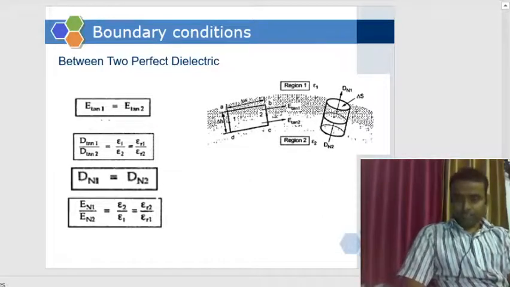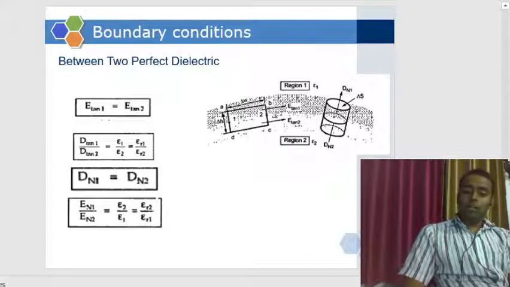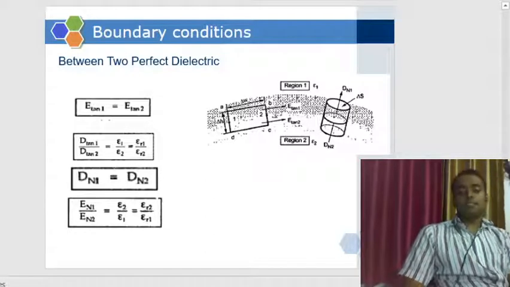Fine. So D tan1 by D tan2 will become equal to epsilon 1 upon epsilon 2. That is, the ratio of the tangential components of flux density is equal to the ratio of permittivities.